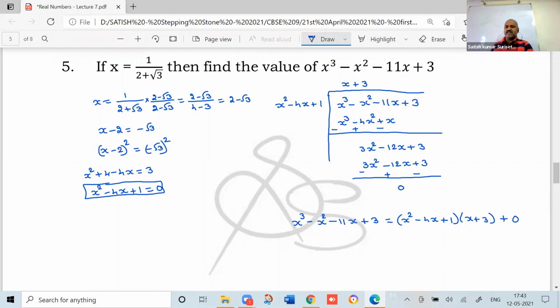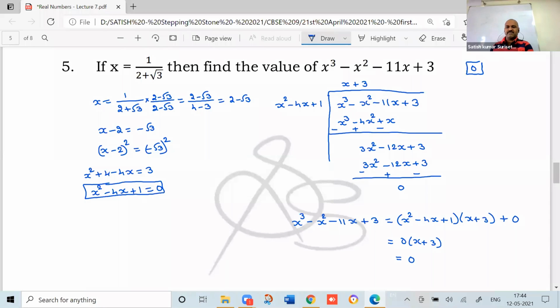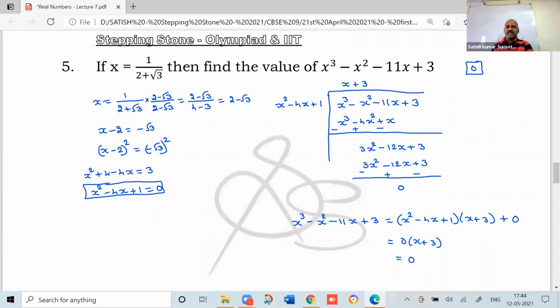So dividend equal to divisor into quotient plus remainder. Now what is x square minus 4x plus 1 value? 0. So 0 into x plus 3, so it is equal to 0. So this value is 0. So instead of substituting directly 1 upon 2 plus root 3, if you do in this method, it will become easy.